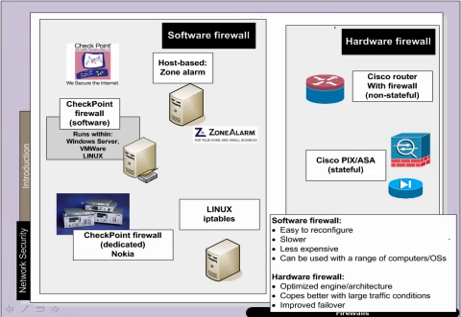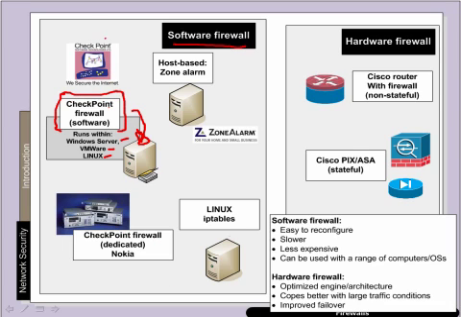The basic firewalls that we have are either a software firewall, and with this we typically purchase a standard server, such as one that runs Windows, VMware or Linux, and then we purchase firewall software which actually runs on this hardware. This type of hardware tends not to be optimized in the same way a hardware firewall is.